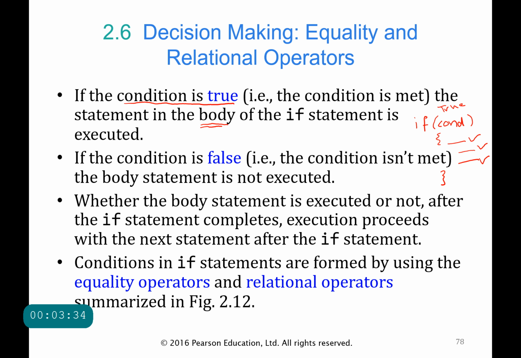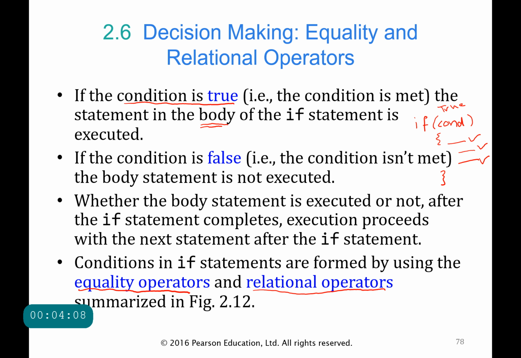Now, if statements are generally formed using two types of operators. These are known as the equality operators and the relational operators. And we will talk about these on the next slide. Equality operators are generally used to compare variables. So if two variables are equal to each other, then the condition may be true.